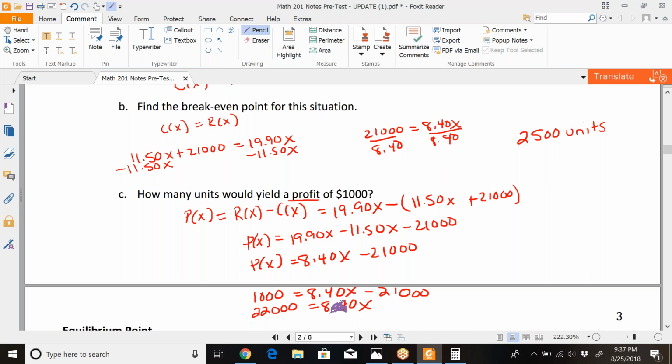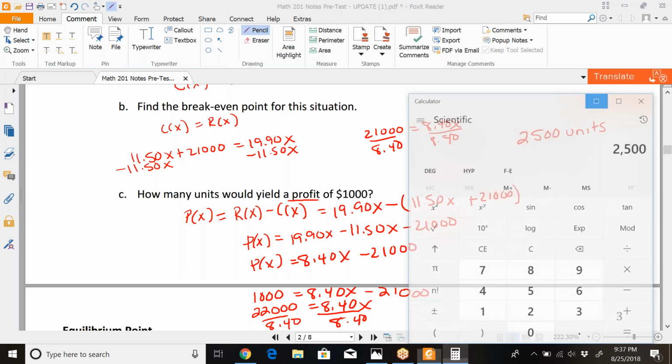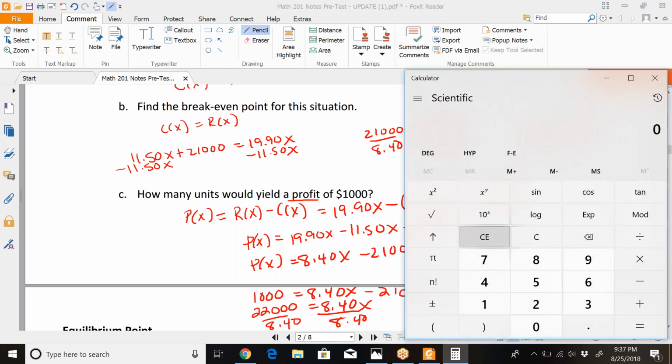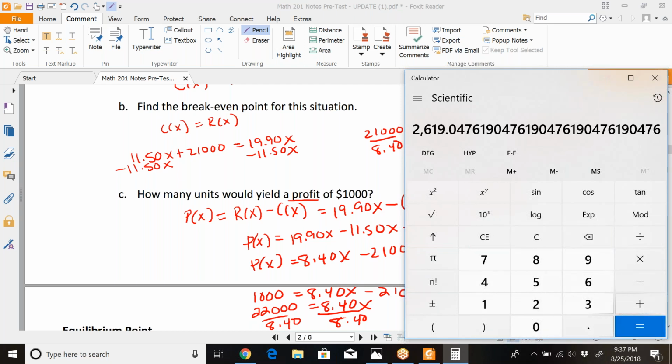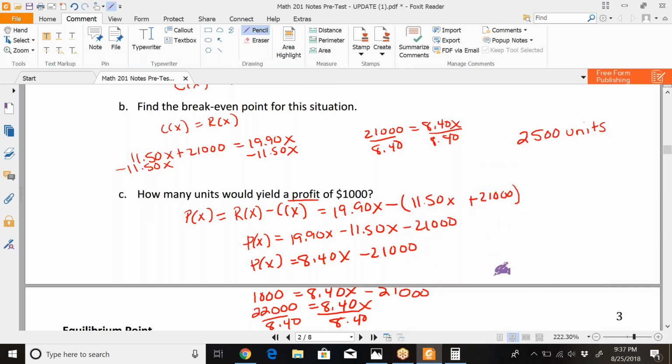You might get a nasty answer sometimes when you're solving these problems, so we're going to talk about rounding. To make the profit work, you have to round up, no matter if it rounds up naturally or not. Otherwise, you will not make that profit margin. So 22,000 divided by 8.4 would naturally round down, does not bump up, but because we want to make sure we hit the profit, we're going to bump that up to 2,620.